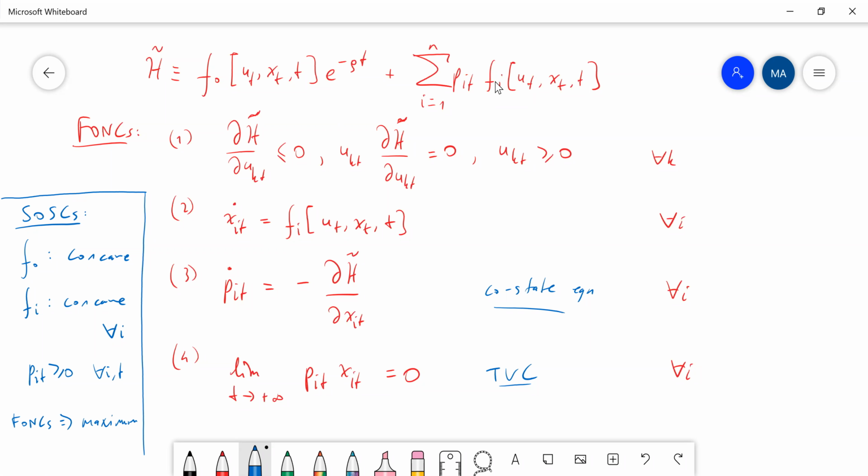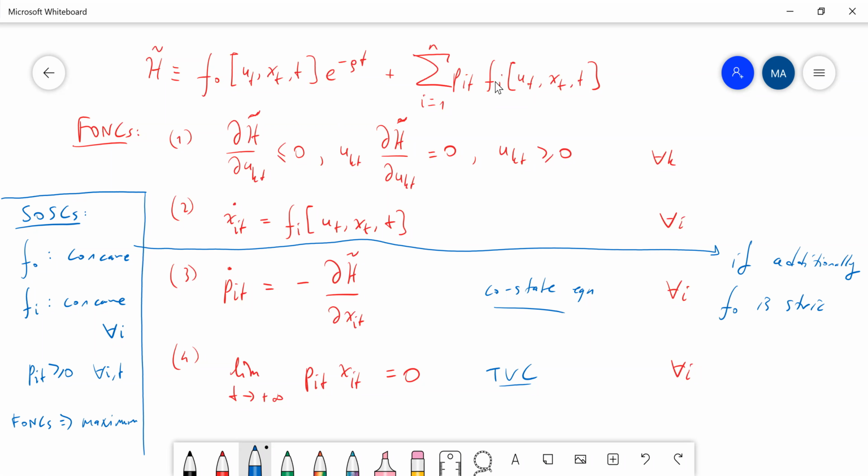Well, if you have additionally, if F0 is strictly concave, then the optimal path is unique.